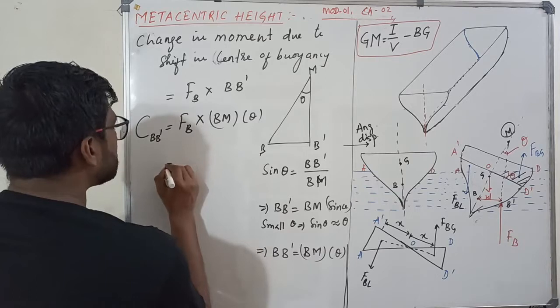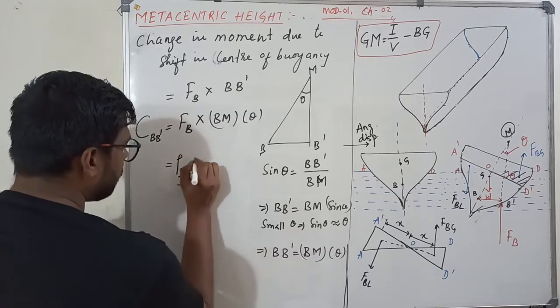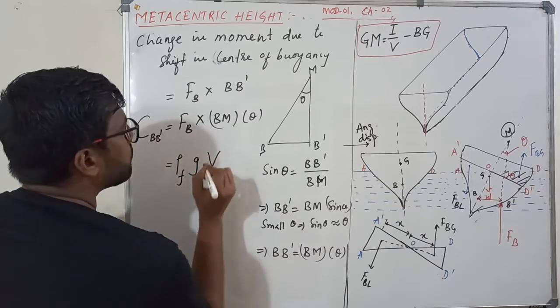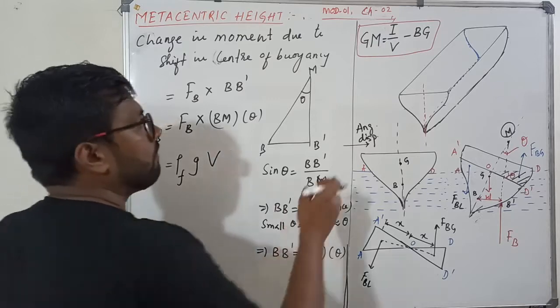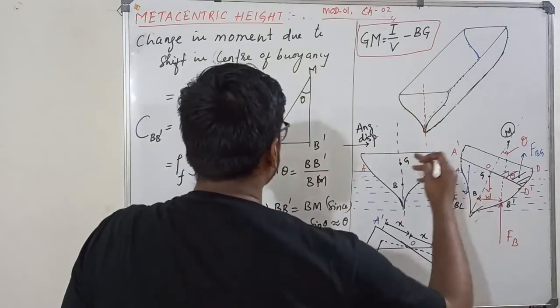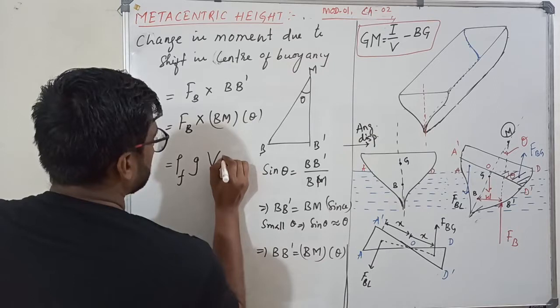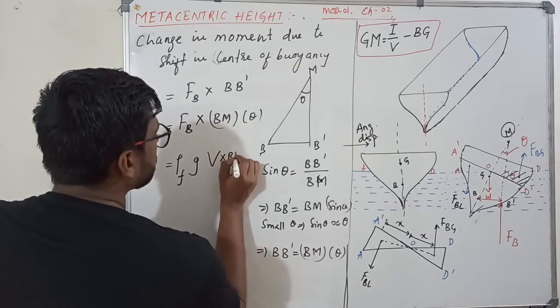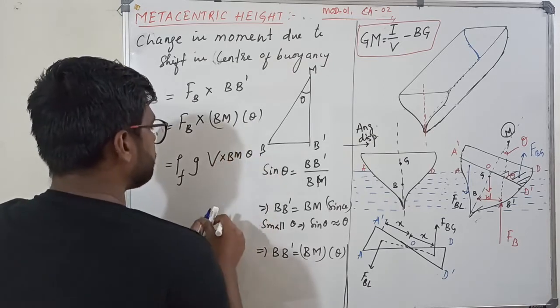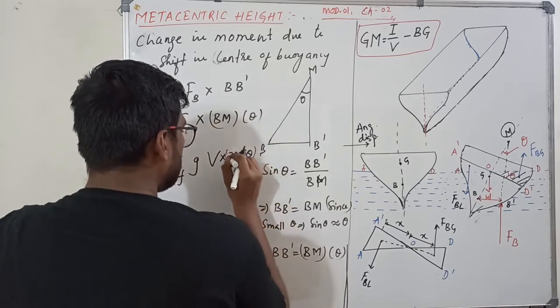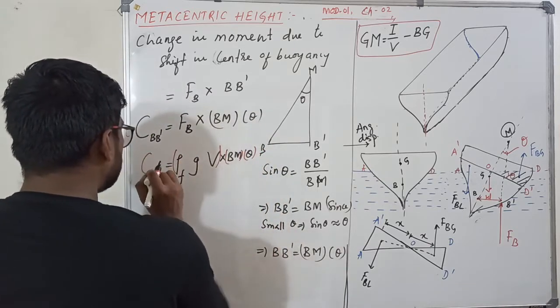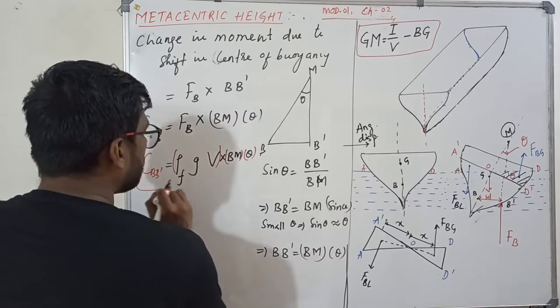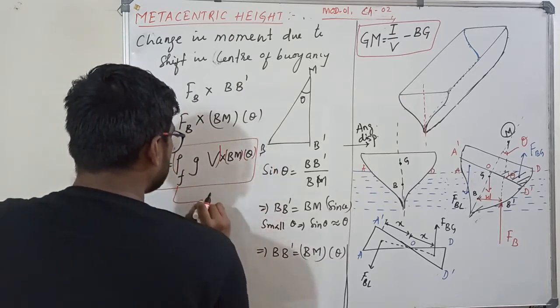What is force of buoyancy? Sir, force of buoyancy is the density of fluid multiply g multiply volume displaced. Volume displaced by this total portion. Volume displaced multiply BM multiply theta. Super. Fantastic. So this is your C BB dash. We got this value. This is your equation 1.